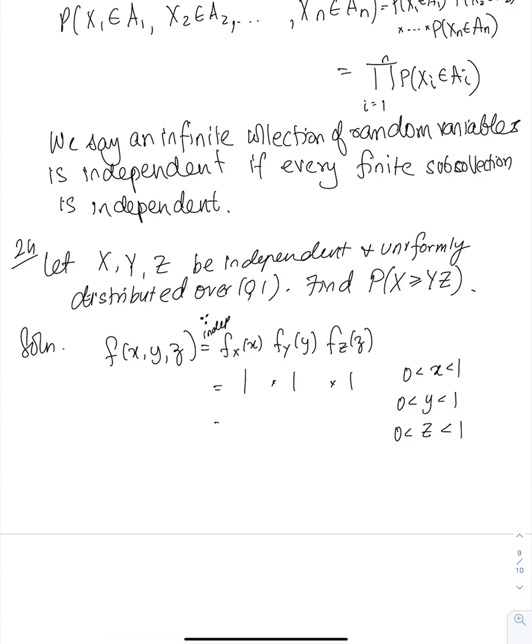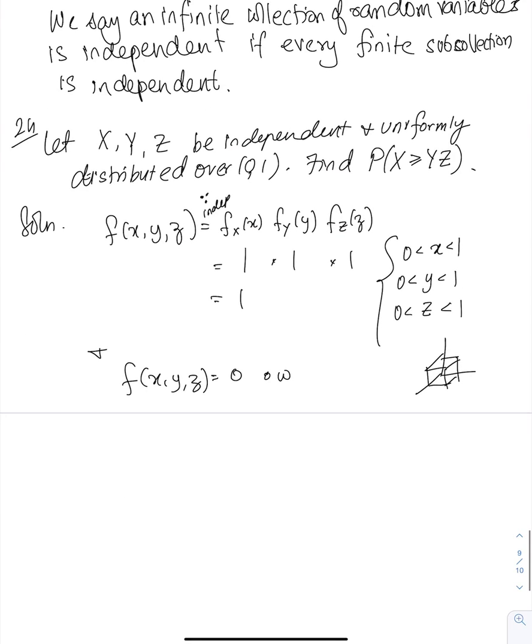So this density is 1 when you have that, and it is 0 otherwise. Okay, so it's 1 on this 3-dimensional cube, and it's 0 outside of that cube.